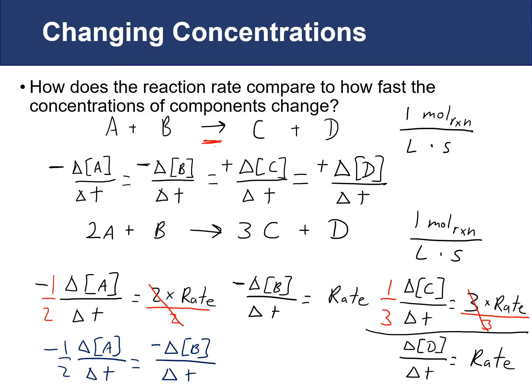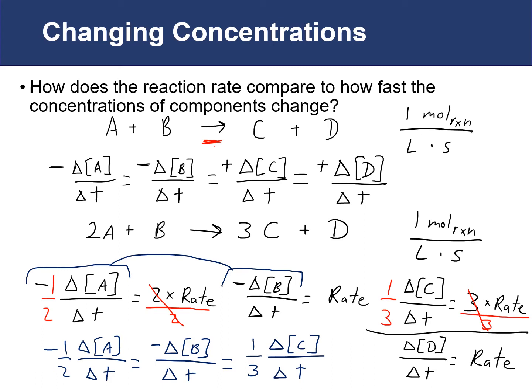If our expression here is equal to rate, and our expression here is equal to rate, then these two are equal to each other. So negative 1/2 the change in A concentration per unit time equals negative change in B concentration per unit time, which equals 1/3 the change in concentration of C per unit time, which equals the change in concentration of D per unit time.